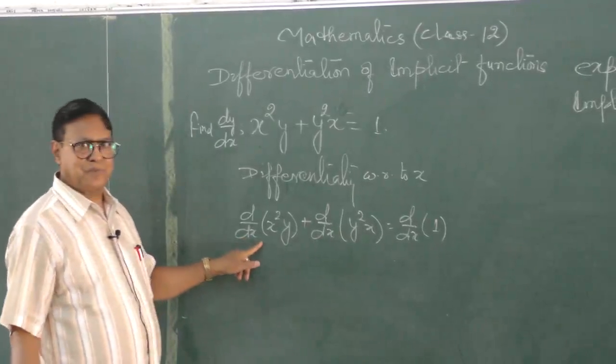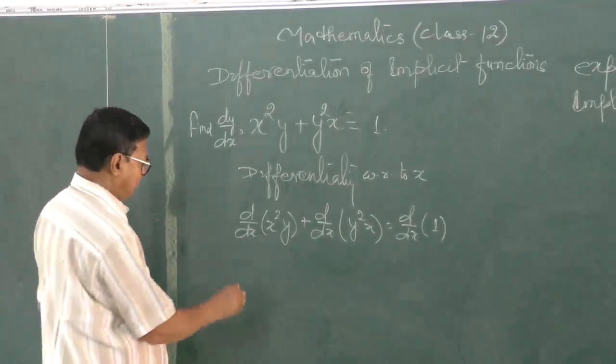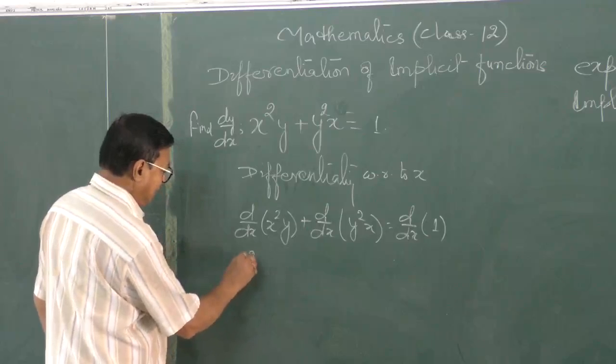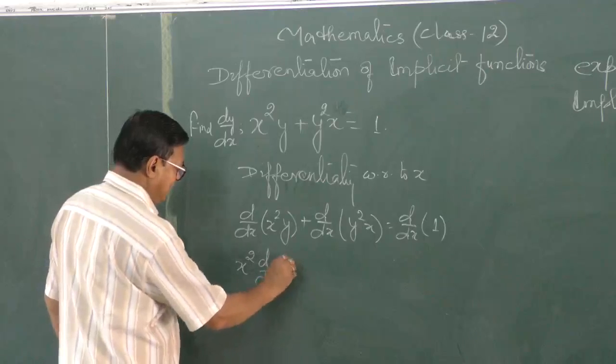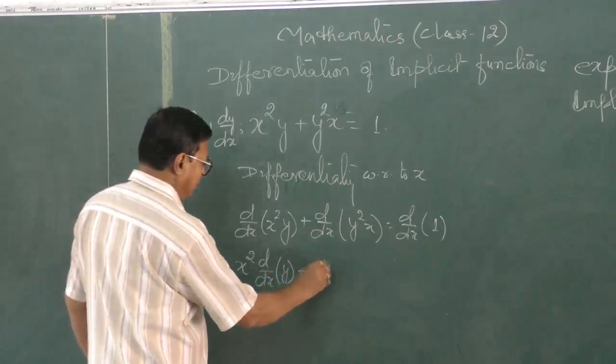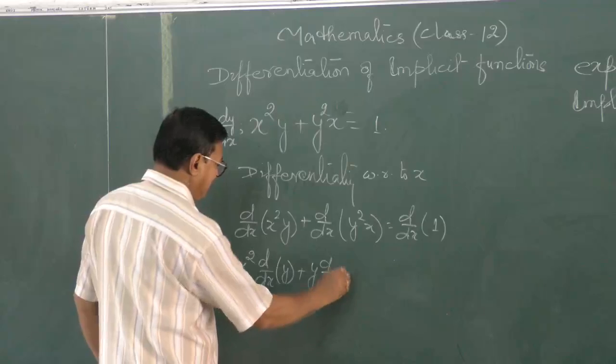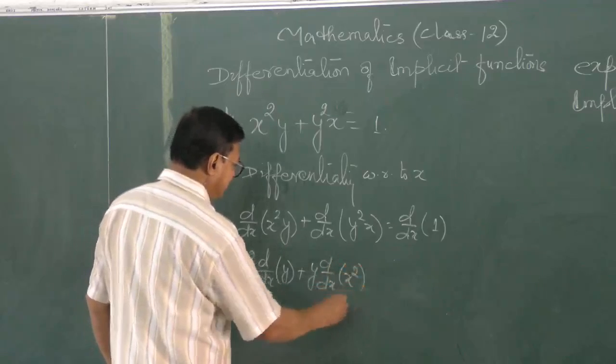Now, here it is a product of 2, so this is x square into differentiation of y plus y into differentiation of x square.